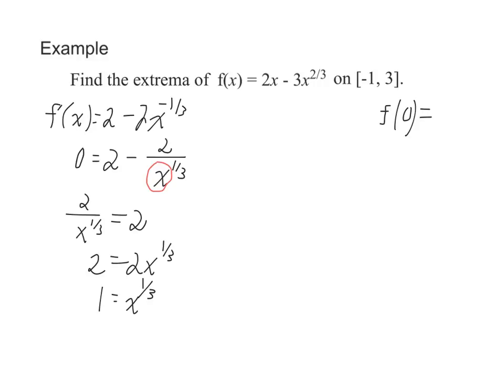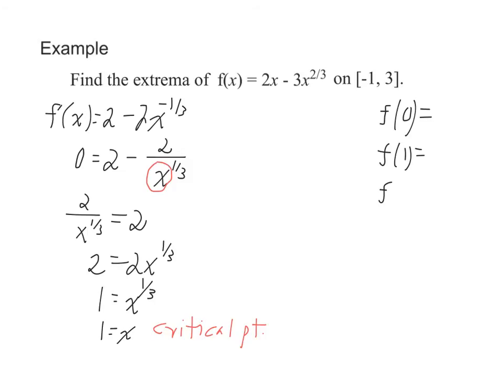Just cube both sides. 1 cubed is 1. So I have two different critical points, just for different reasons. f of 0 comes from an undefined derivative. f of 1 comes from actually setting it equal to 0. So they'll look different on the graph. The first one will be a sharp turn, the other one will be a smooth curve.